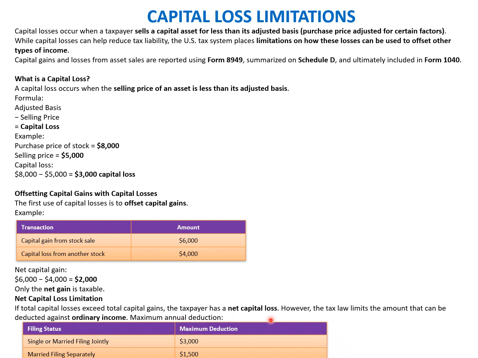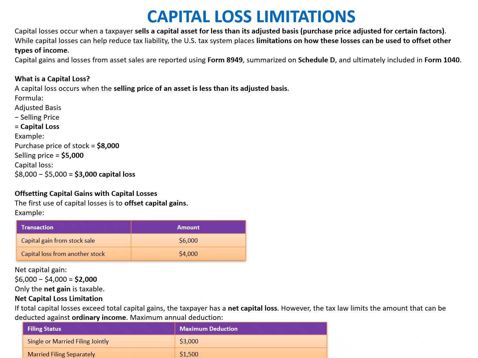The taxpayer has a net capital loss. However, the tax law limits the amount that can be adjusted against ordinary income. The maximum deduction for single or married filing jointly is 3,000, and for married filing separately it is 1,500. This is the maximum amount that will be adjusted in that particular year, and whatever balance is there will be carried forward to future years. So this is the concept of capital loss limitation.